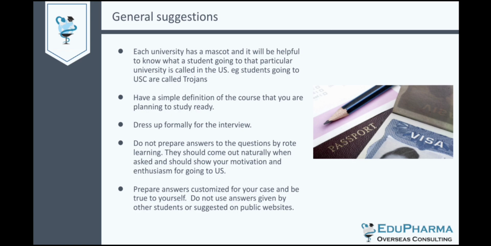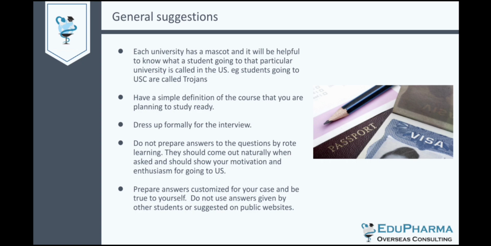As I said, do not prepare by rote learning, and it is very important that you prepare the answers for yourself and not take answers from somebody else who may have cracked the interview, because every case is different. You may also read up about different visa experiences on social media, but you never know about the documents that the student is carrying, or the background for that particular student.